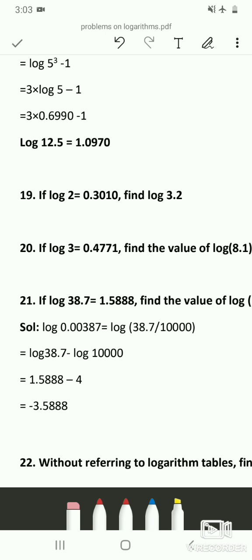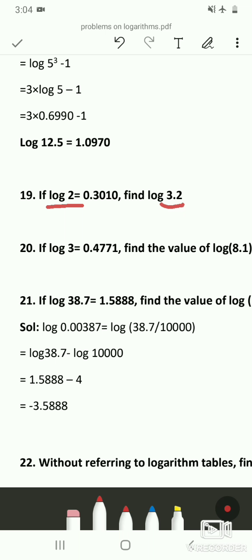So the next question is, if log 2 is equal to 0.3010, then find log 3.2. So they have given log 2 and you have to find out the value of log of 3.2.